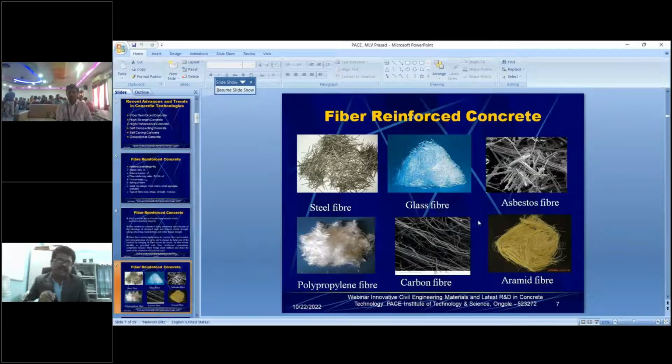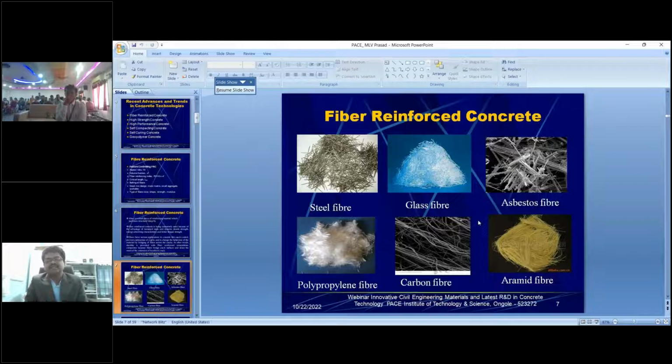Suppose you are constructing a slab, and the rainy period is very high, so there is a chance of water leakage from the slab. Then you can go for fiber reinforced concrete.